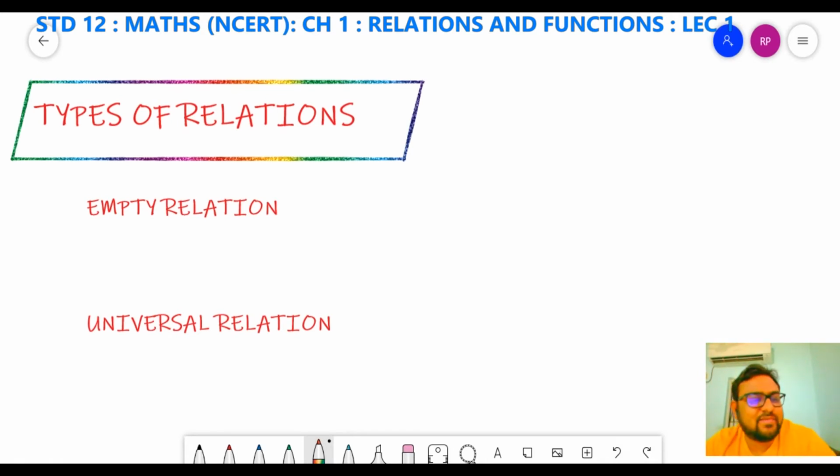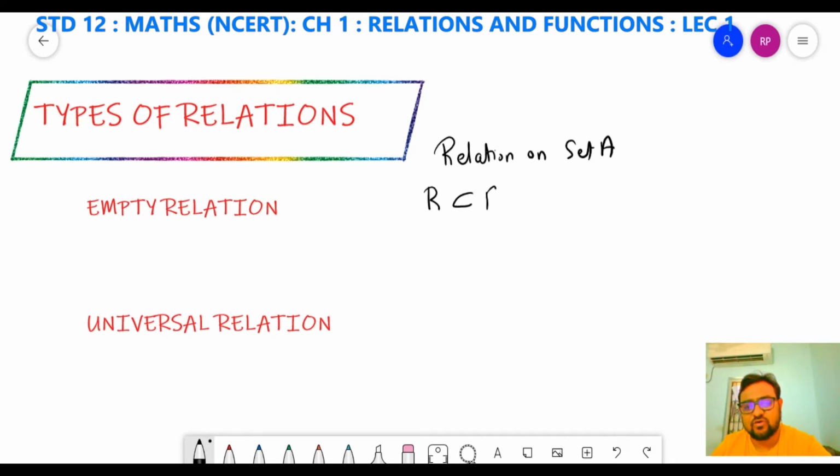Types of relations: empty relation and universal relation. Now see, if I take a relation on set, let's say set A, then R will be a subset of A cross A, right? Now, if I take any relation such that it is equal to phi, then obviously this is a subset of A cross A, right?